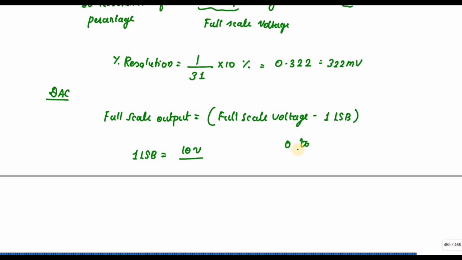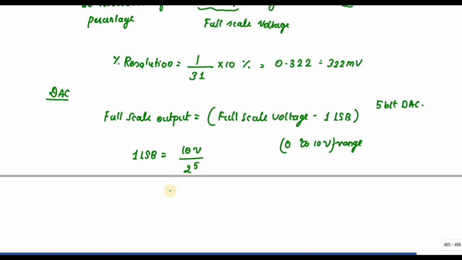So if my analog output ranges from 0 to 10 volt, since it is a 5-bit DAC, I can write 10 divided by 2 power 5.